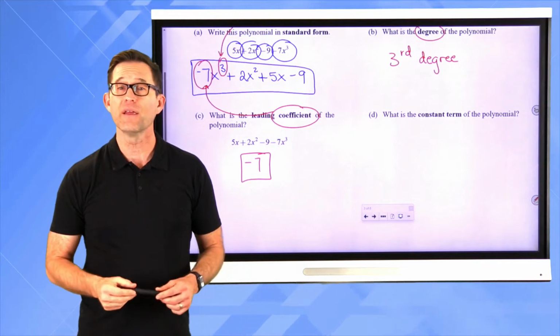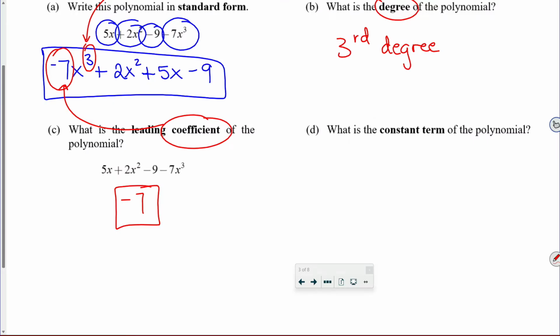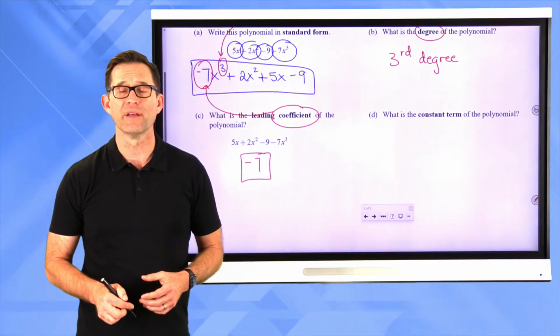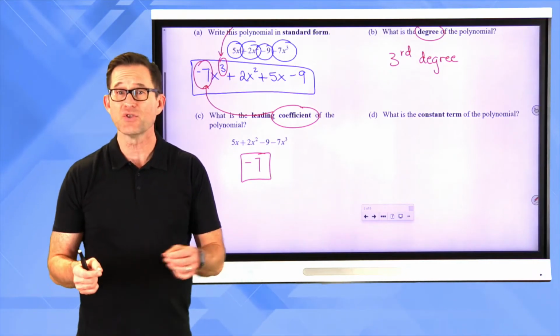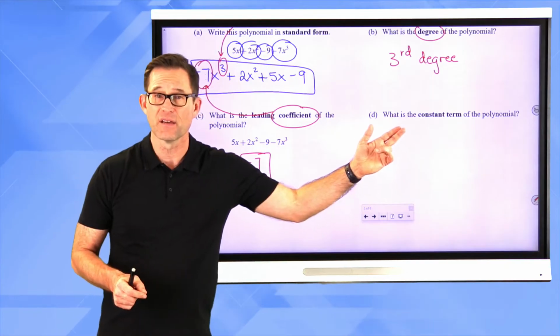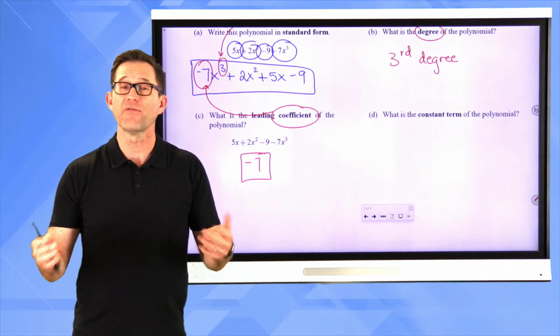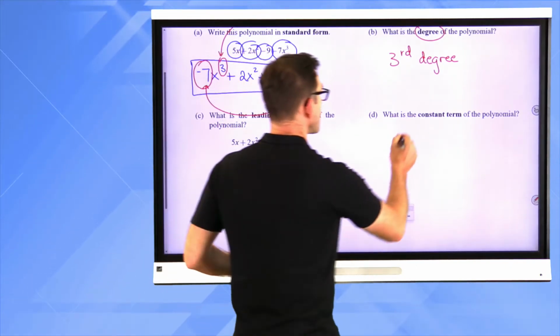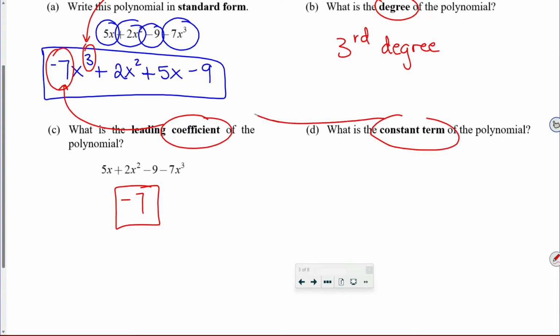And finally, letter D. What is the constant term of the polynomial? Well, the constant term of the polynomial is the term that is constant, wouldn't change if the value of x changes. So the constant term in this polynomial is equal to negative 9.